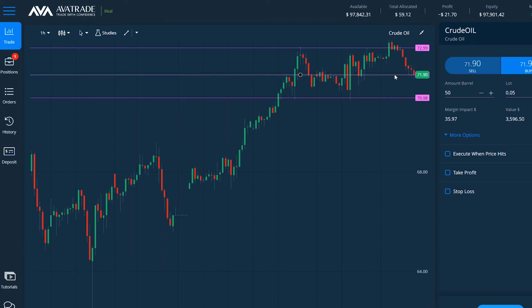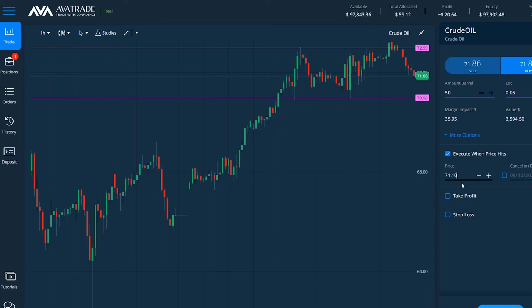Okay, so how do we do a pending order on crude oil? Very simple. Just type or click on this box, execute when price hits, and type the price that you want to buy from. So I can say just above this support would be 71. So maybe I want to buy from 71 and 10 cents just to be sure I don't miss a bounce if it's going to bounce off this price area.